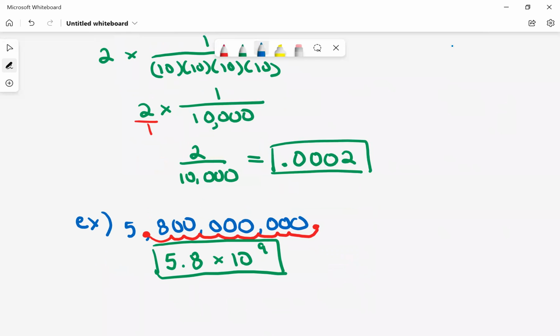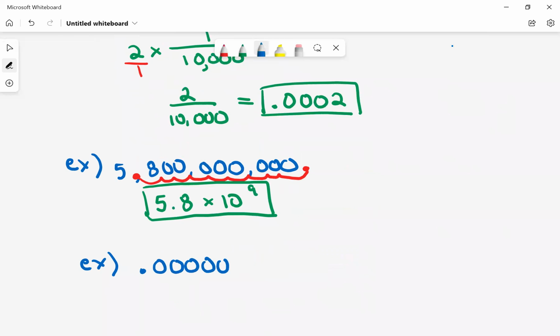Okay, so let's try a small number. Let's do point and do 6 zeros, 4. So to put this into scientific notation, I'm going to need to move the decimal between the 7 and the 1. The reason it needs to be between the 7 and the 1 is my final answer, 7.14, is going to be in scientific notation because that number is between 1 and 10, right?